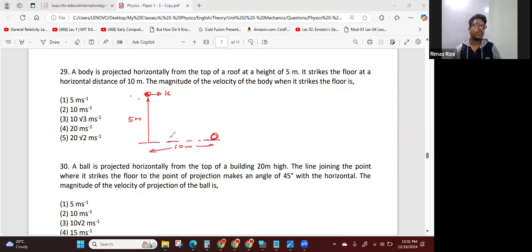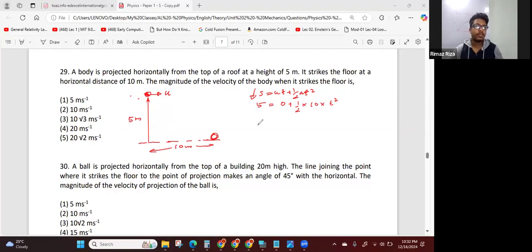First we can find the time by applying s equals ut plus half at squared vertically downward. So the displacement is 5 equals 0 plus half into acceleration, downward 10, and the time t squared.